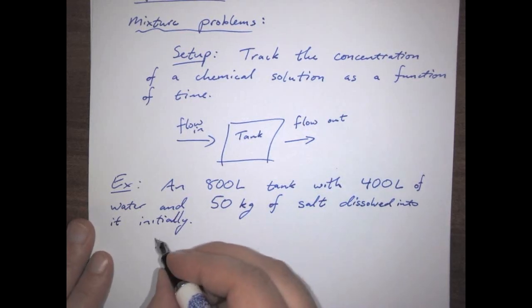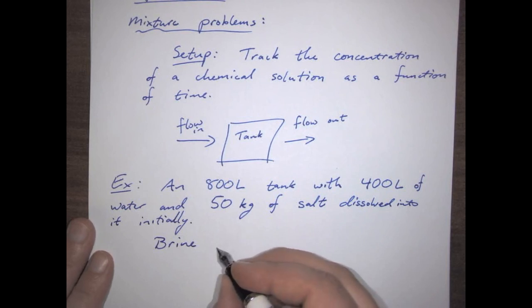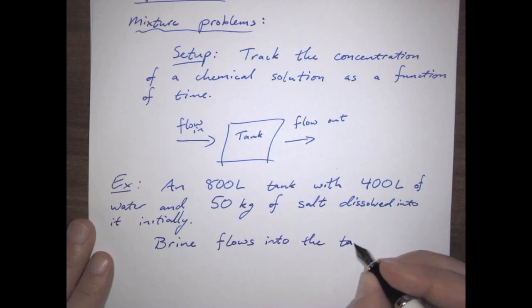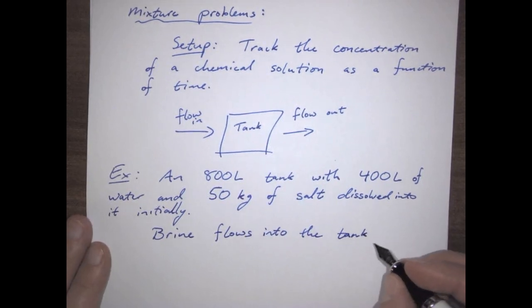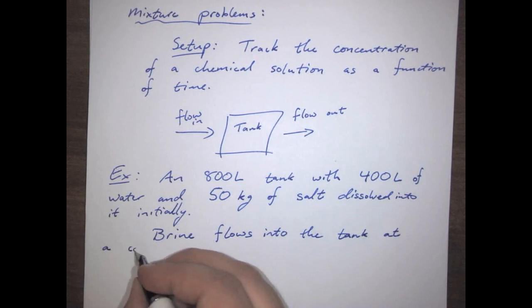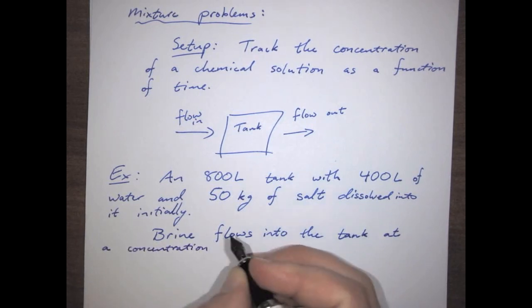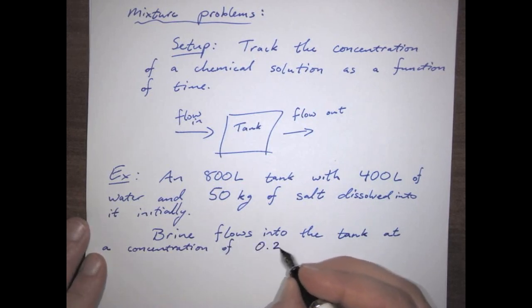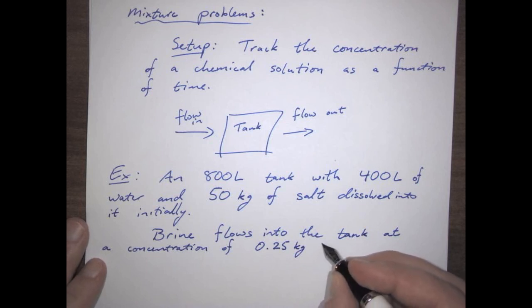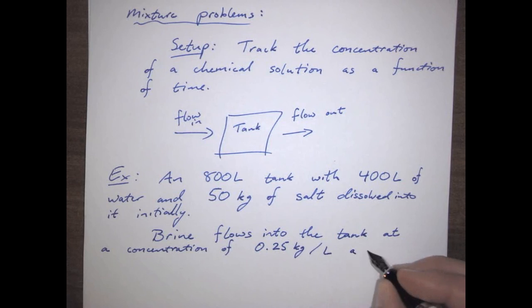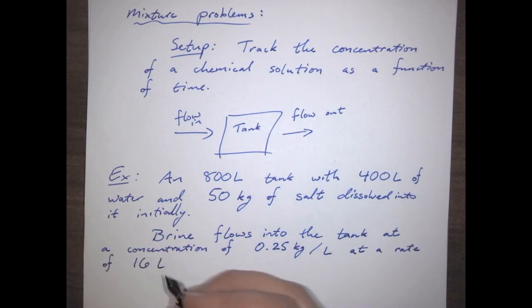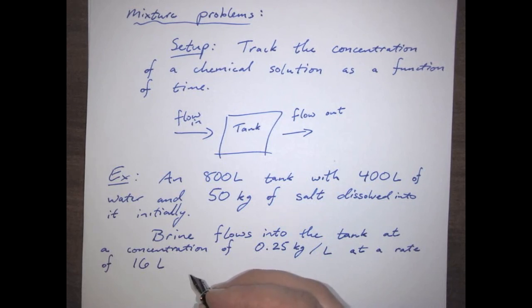And then what happens is brine flows into the tank at a concentration of 0.25 kilograms of salt per liter of water at a rate of 16 liters per minute.